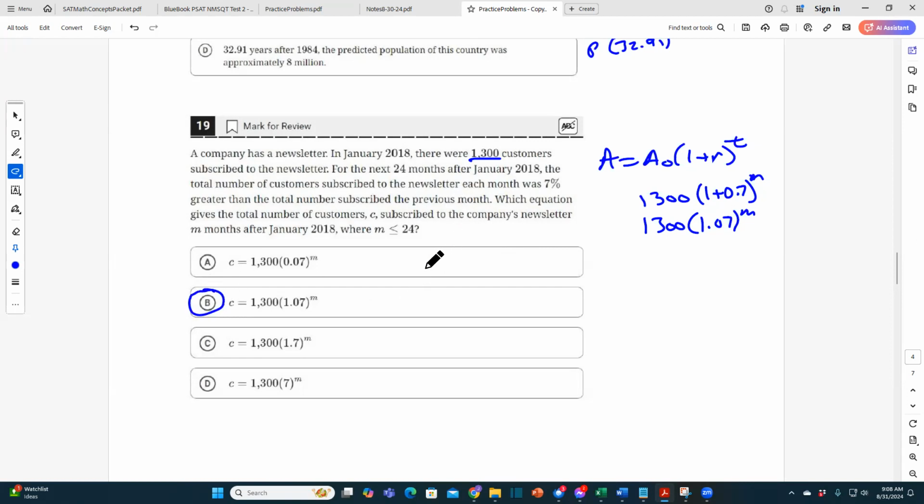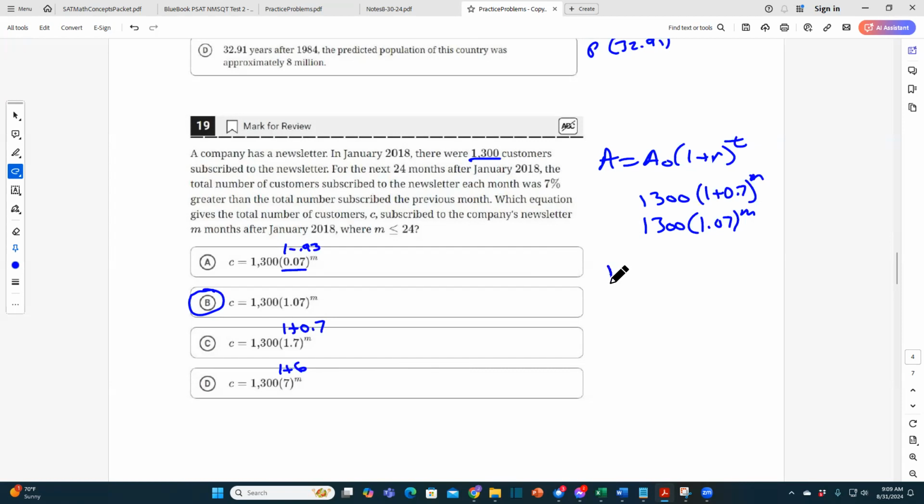Remember, the number in here is either 1 plus the growth rate, or 1 minus the decay rate. So it's not this one, because this would be 1 minus 0.93. C would have been 1 plus 0.7. This would have been 1 plus 6. So exponential growth: it grows by 7% each month.